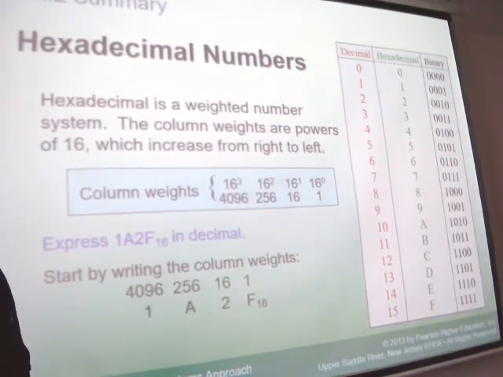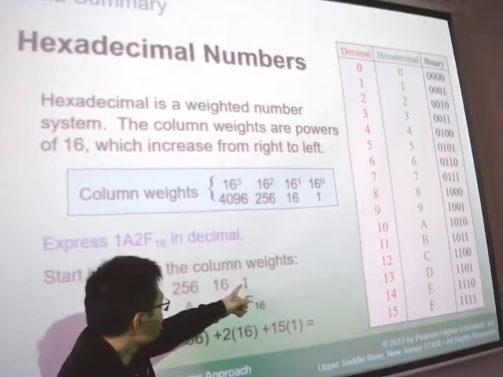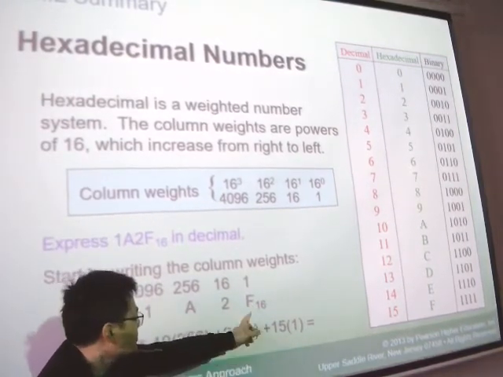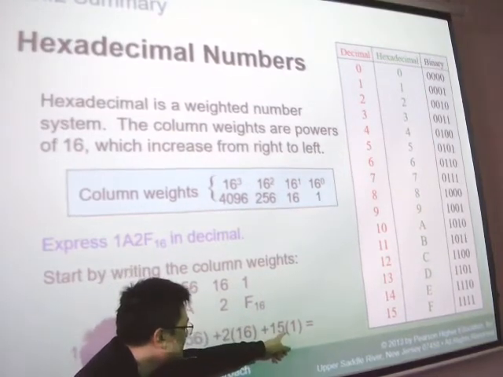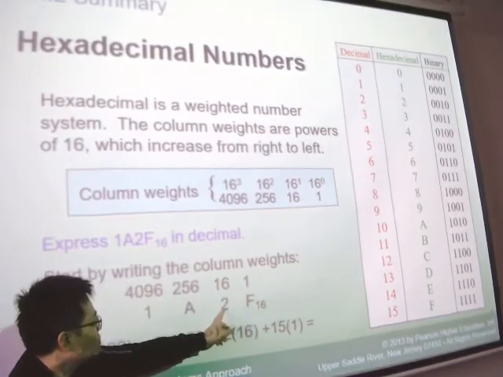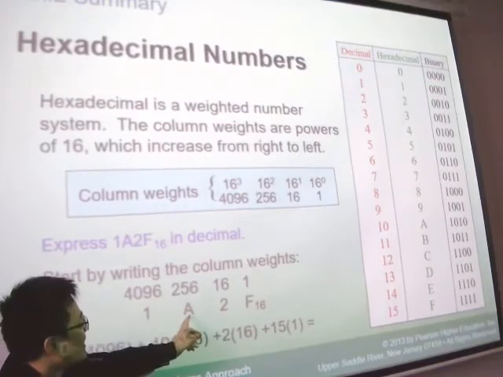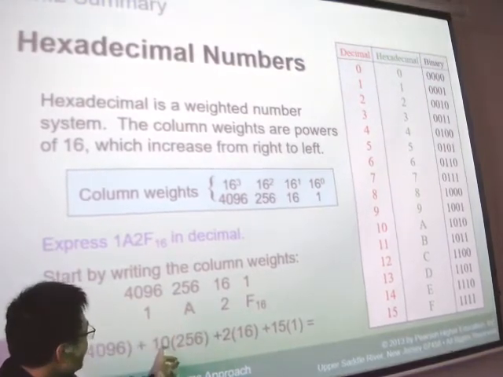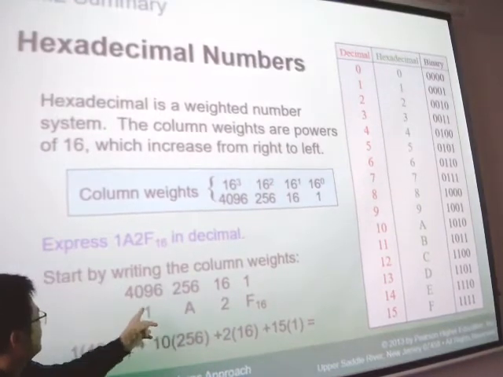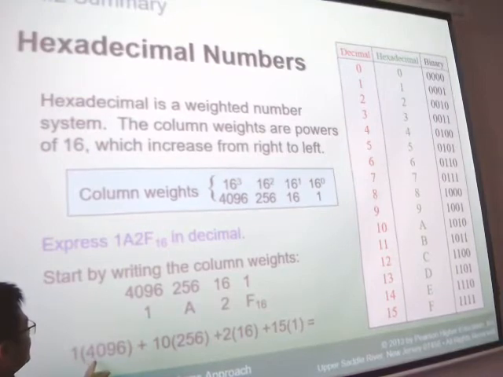So the decimal is: F is 15, so 15 times 1, plus 2 times 16, plus A represents 10, 10 times 256, plus 1 times 4,096.